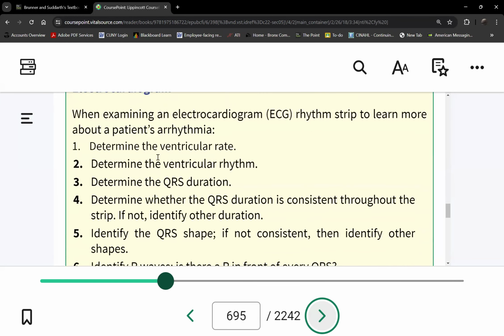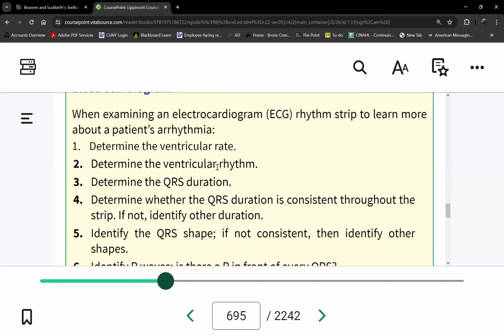Chart 22-1. The first step in interpreting a rhythm strip is the rate, particularly the ventricular rate. We look at a few methods of calculating the rate. Next is the ventricular rhythm.